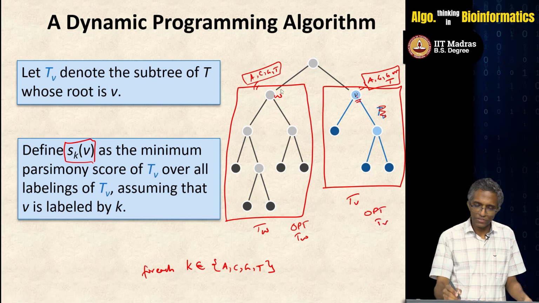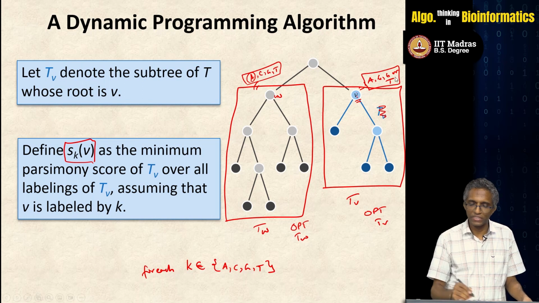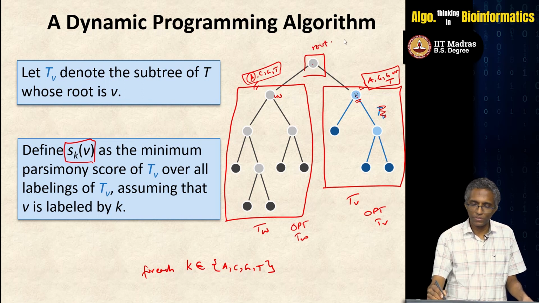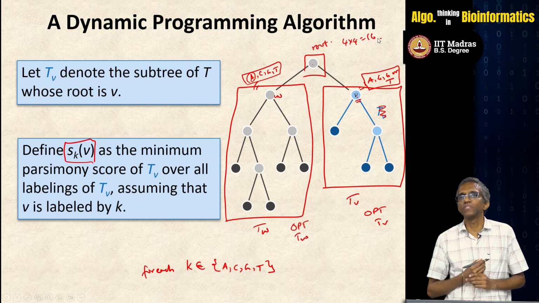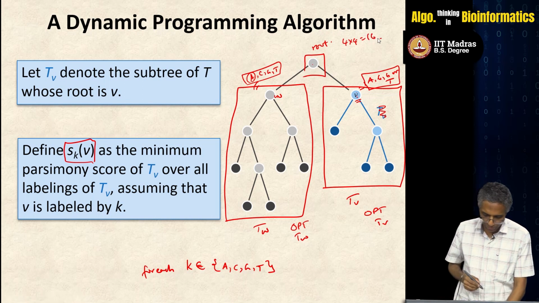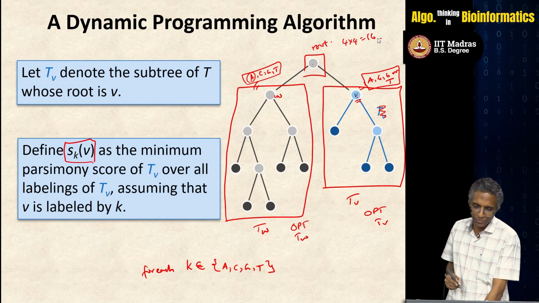And then once you have these two things for all possibilities of W being A, C, G or T and V being A, C, G or T, to get the optimal solution for all the nodes rooted at this root node, you have to only consider 4 cross 4 equal to 16 possibilities, right, and take the best among those 16 possibilities. So, that is the dynamic programming optimal substructure.